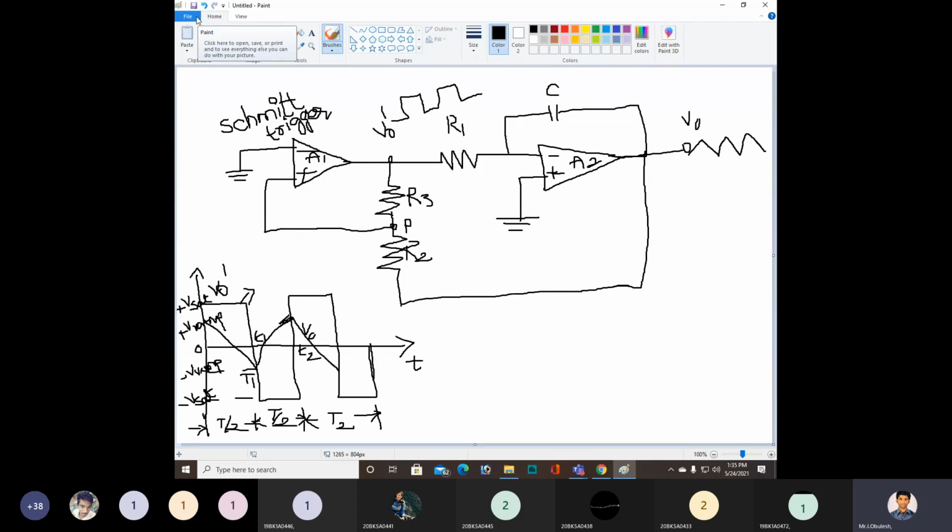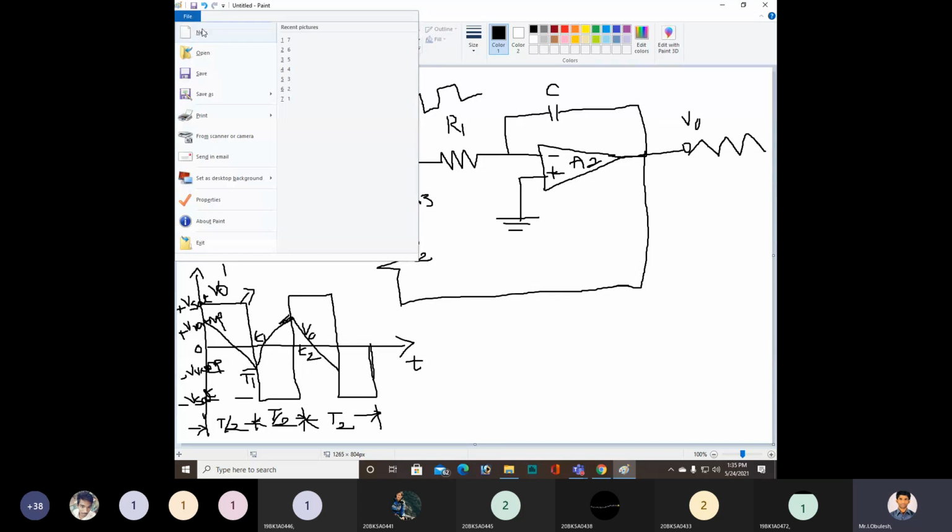Okay, now we need to derive the expression for the frequency of the triangular waveform generator.